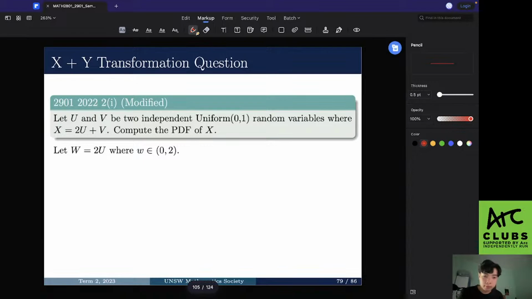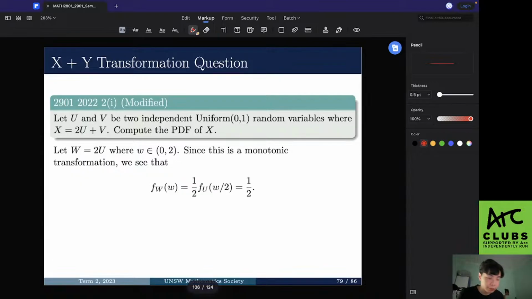So using this and the fact that we have W, which is equal to 2U, and this is monotonic, we can use our formula before to be able to find f of W for some w.